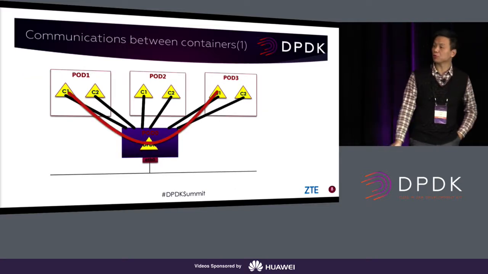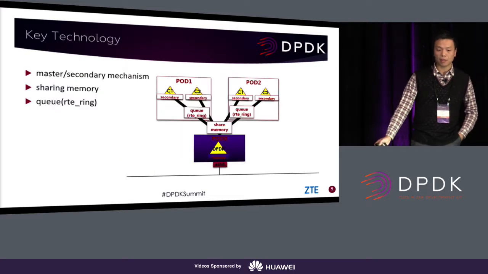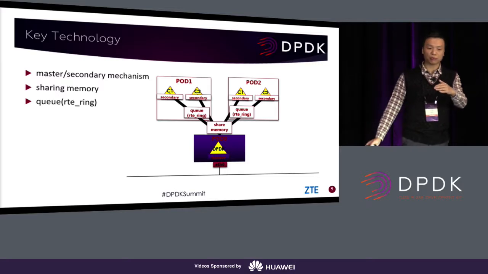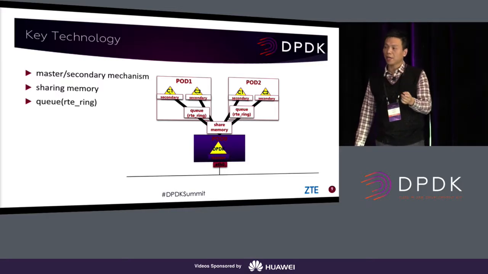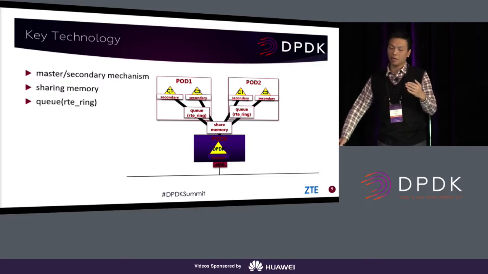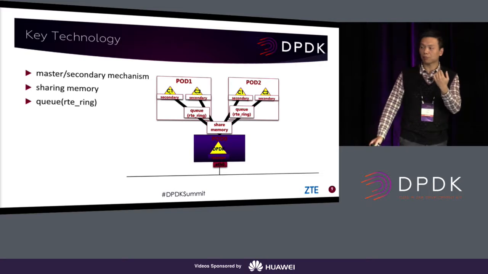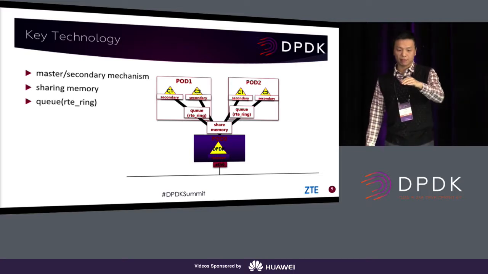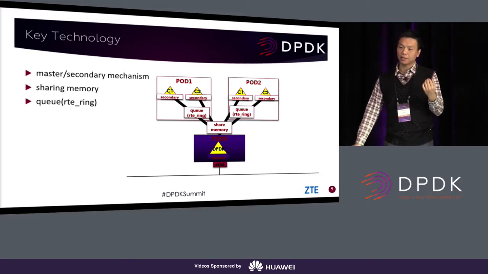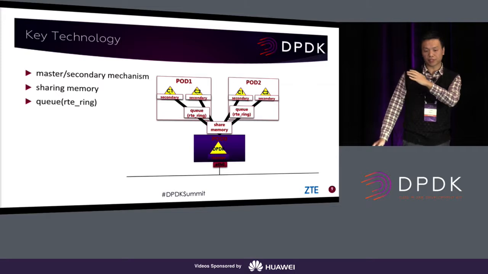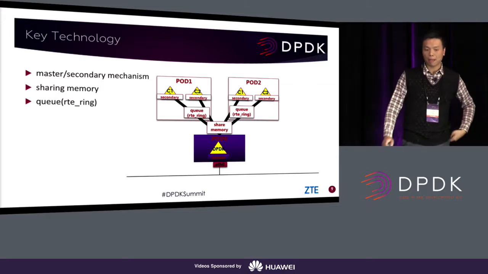This is the communication between containers. What's the key technology of our Paas? It's the master-secondary mechanism. We use port 0. The DPDK application will start a master process, and we will provide the plugin or the DLL to the other ports, the other containers.